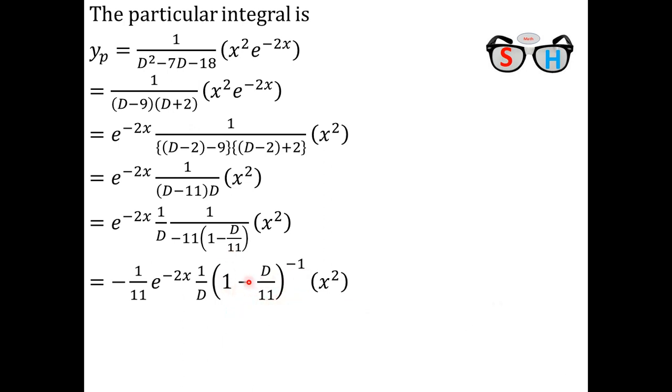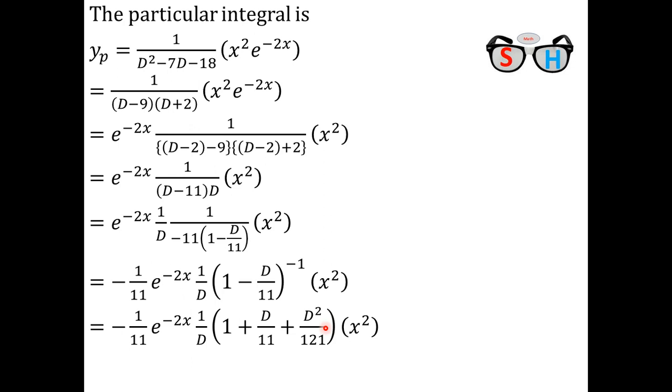Now I express this as an infinite series, 1 minus x whole to the minus 1. The formula is 1 plus x plus x square plus dot dot dot. I don't take the later terms, because after that it will be D by 11 whole cube, that is D cube into something, and if you apply D cube on x square, this will be 0.